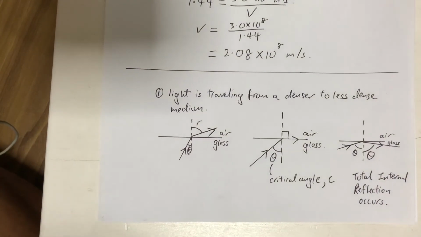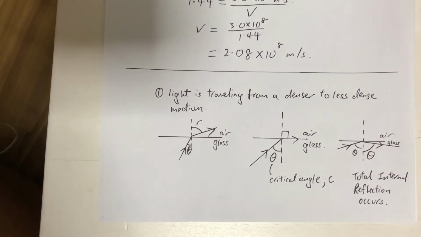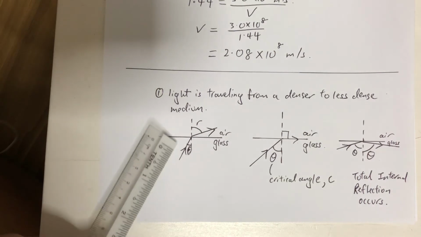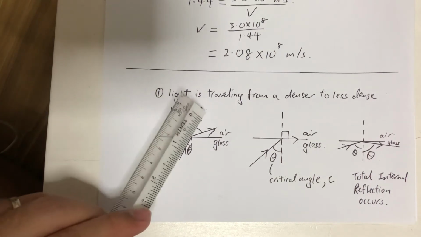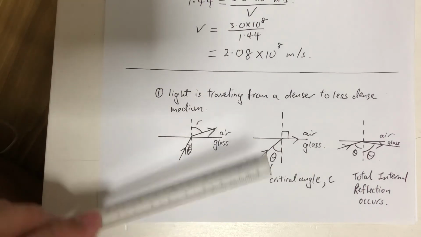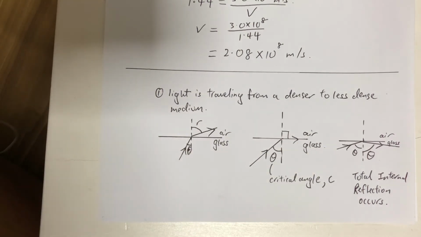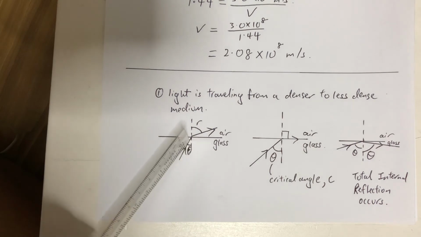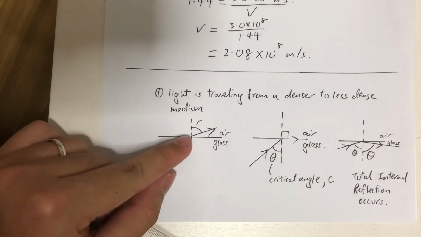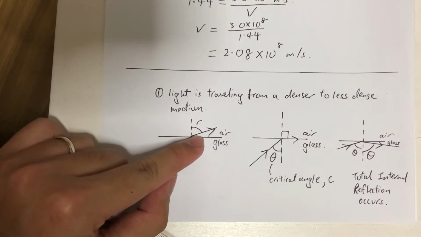Okay, so let's talk about it again. I repeat. We know that when the light ray is traveling from the glass to the air, the light ray that is exiting will bend away from the normal. As I increase the angle of incidence in the glass, the angle of refraction in the air will also increase.